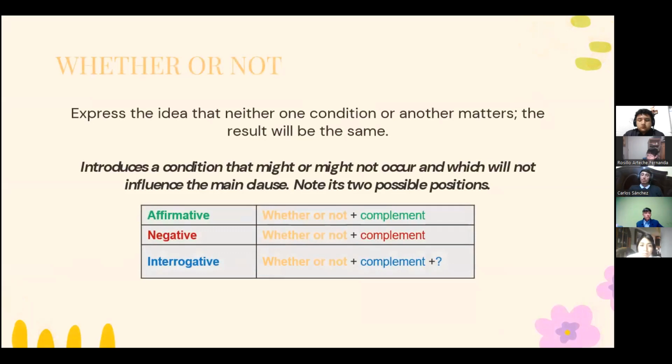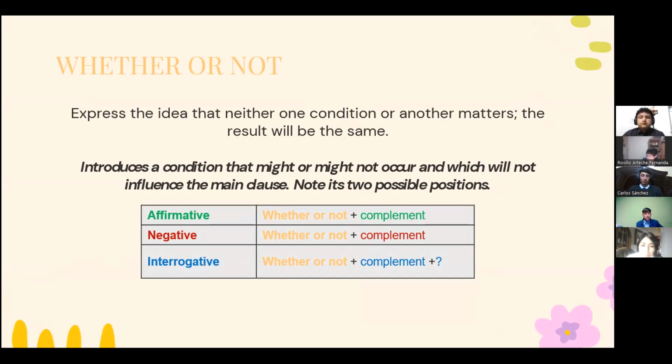The next clause is whether or not. This clause expresses the idea that neither one condition nor another matters. The result will be the same. This clause introduces a condition that might or might not occur and which will not influence the main clause. Notice two possible positions. The three forms of this clause are the same.